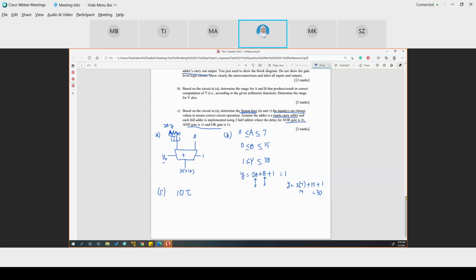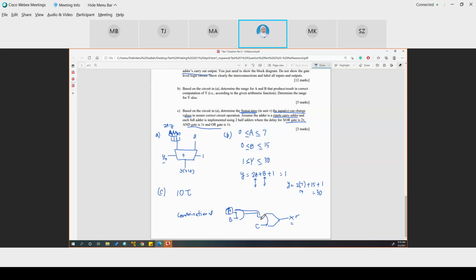So this is combinational, right? Combinational circuit. Okay, let's say you have A, B going into a gate, and this will go into another gate. The fastest you can change input A is when you got the result X here. The fastest means the earliest you can change input here is when you already got the output here.